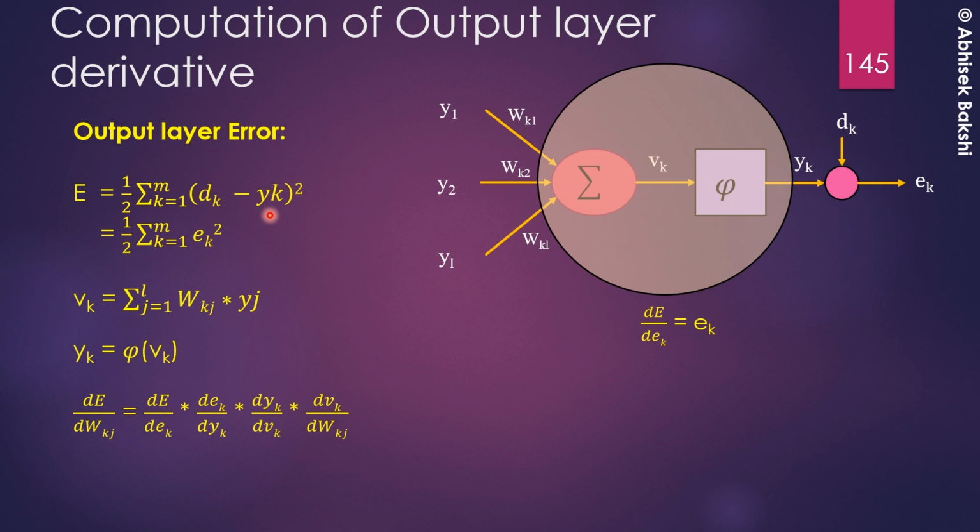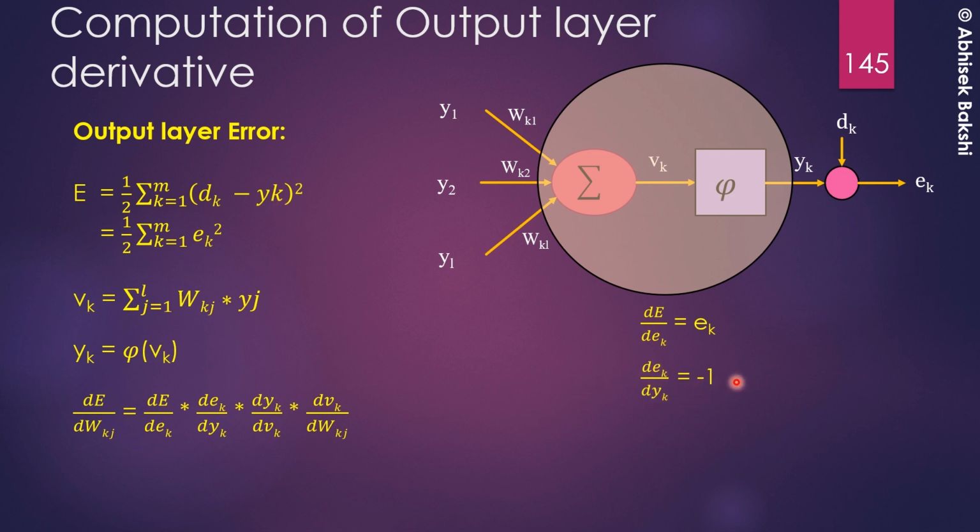So derivative of ek with respect to derivative of yk will be 0 minus derivative of yk with respect to yk. That is simply d x by d x, which means 1. So 0 minus 1, that means minus 1. So derivative of ek by derivative of yk is minus 1.